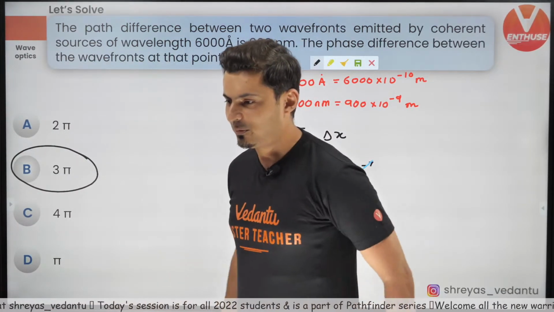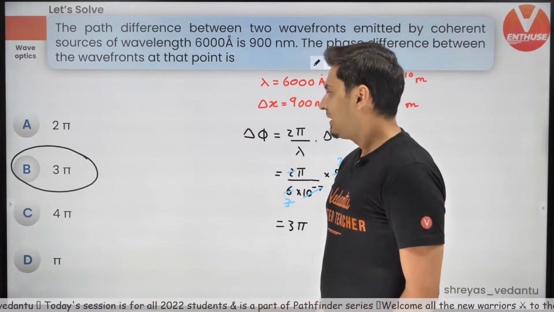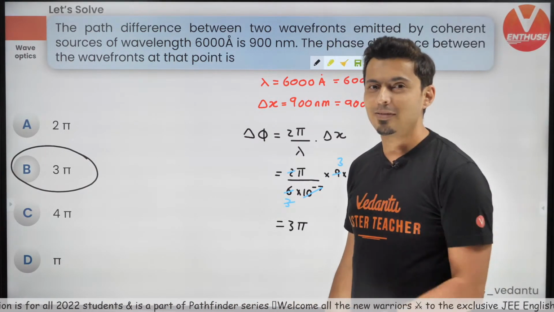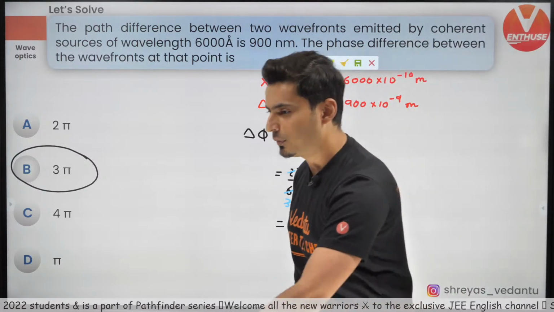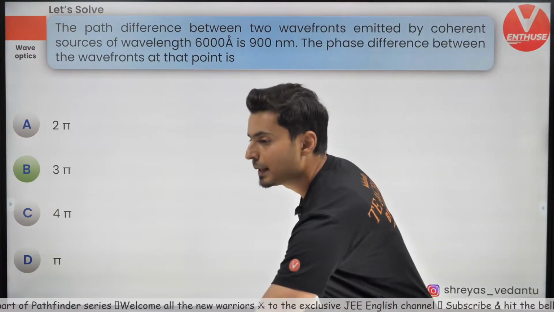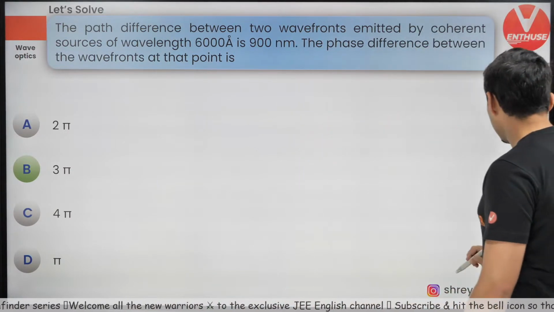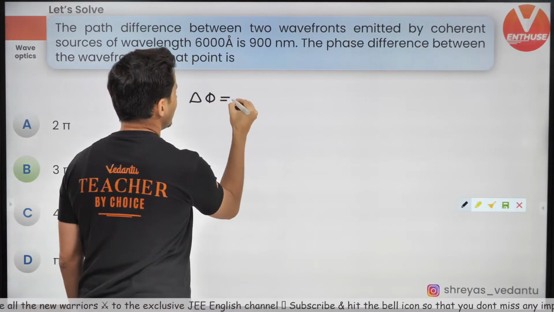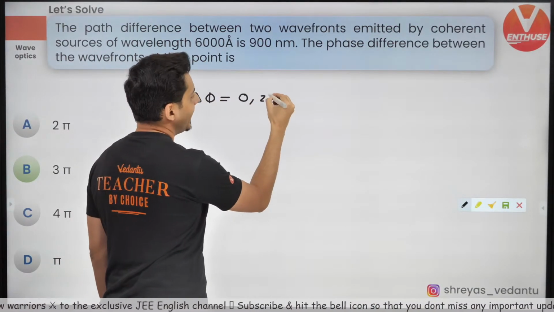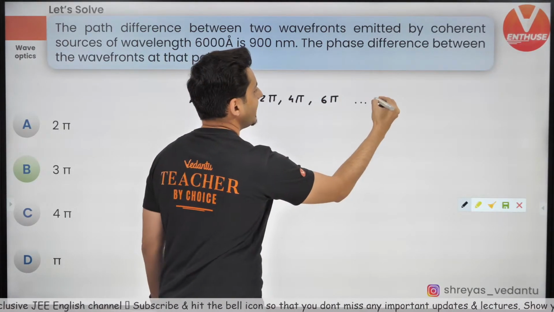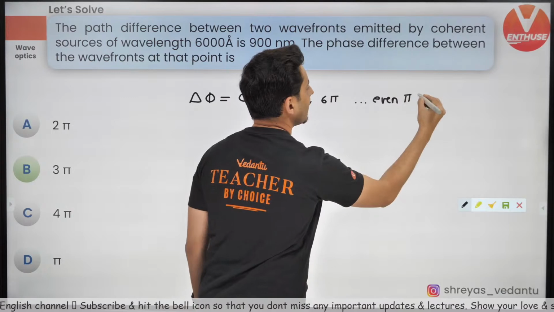Very good. Excellent. Now, there is a term used for certain phase differences. You might not be aware of it, but let me tell you what that term is before going ahead. Remember one thing. Whenever the phase difference is 0, 2 pi, 4 pi, 6 pi, basically any even multiple of pi.